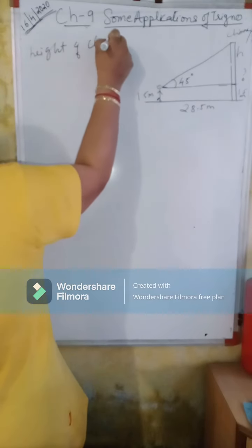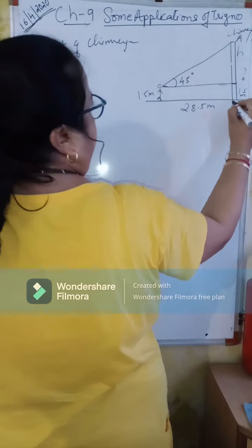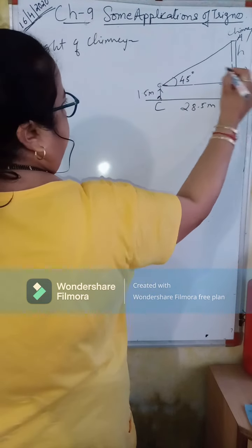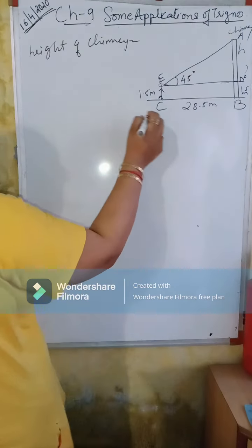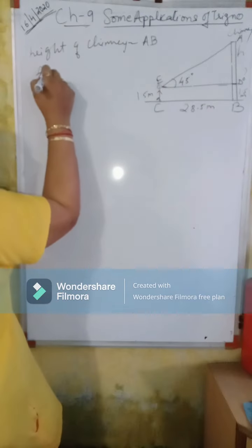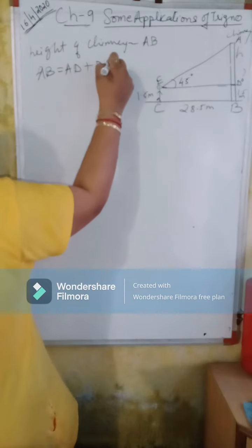I will name the points A, B, C, then here D and here E. So the height of the chimney will be AB, and AB is equal to AD plus DB.